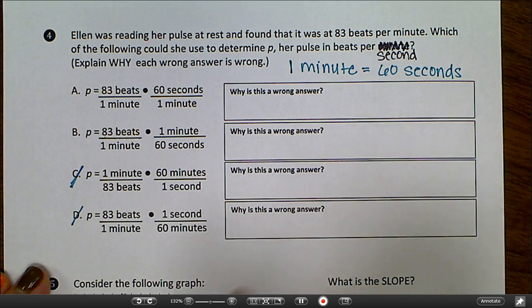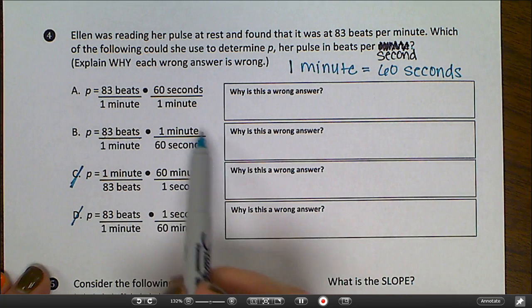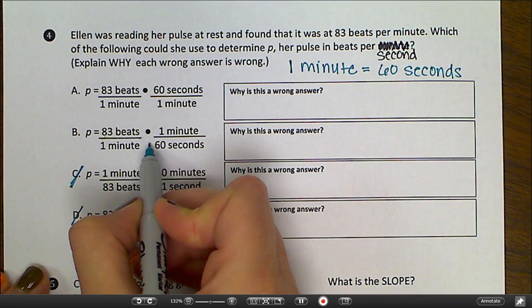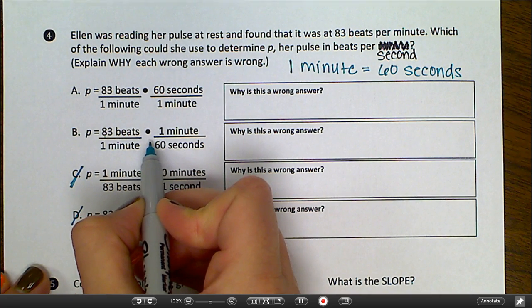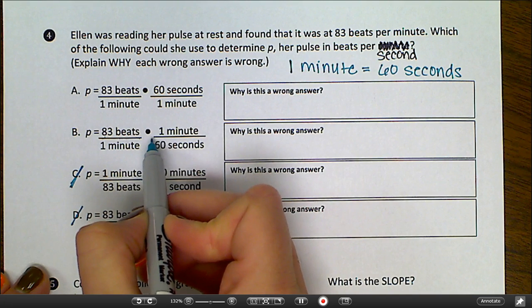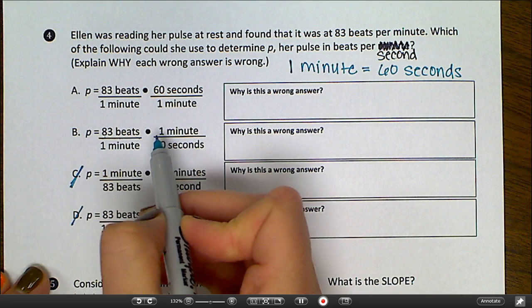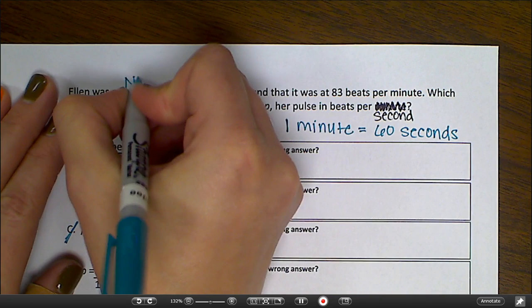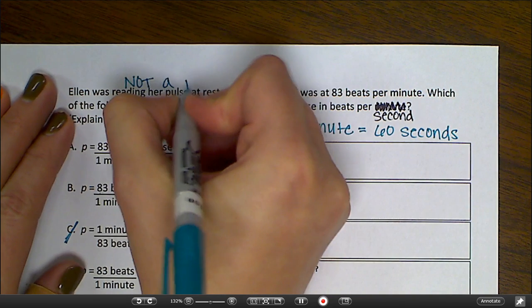So this only applies to when we're solving a problem this way. Notice that there's not an equal sign here. This is not a proportion. This is a multiplication sign, like that dot or an X to multiply. So this is not a proportion. In fact, I'd like for you to write that on your paper. Not a proportion.